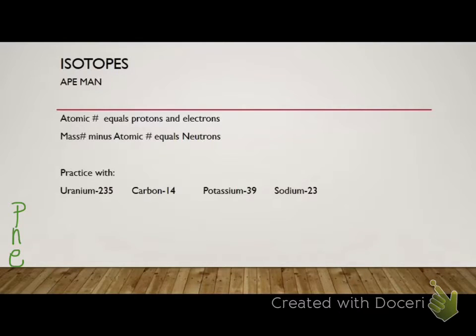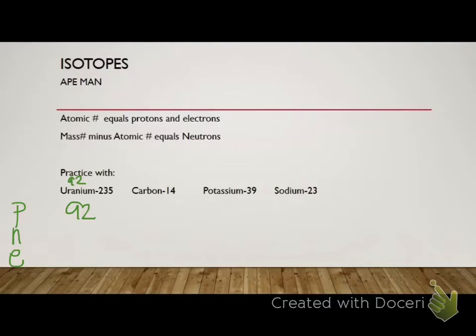Okay? So I look at my periodic table, and I see that uranium has an atomic number of 92. So it's got 92 atomic mass, not atomic mass, excuse me, atomic number. So I look at that, and I would say it has 92 protons.